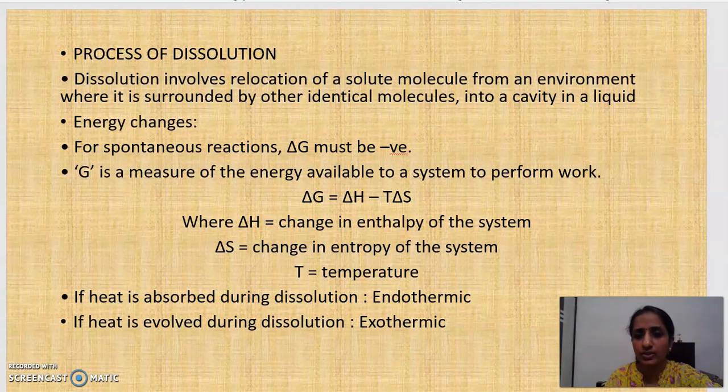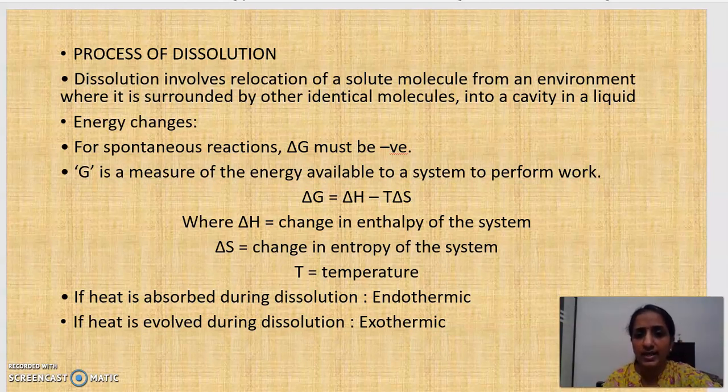This process of dissolution, which we saw in various steps, also involves some energy changes. Like we have seen, dissolution involves relocation of the solute molecule from the surface of the dosage form into a cavity in the liquid of the dissolution medium. Now, the energy changes for the same.